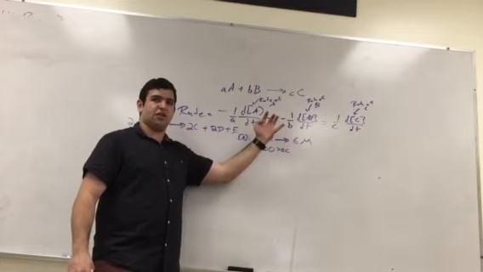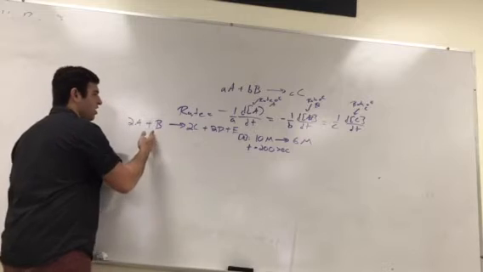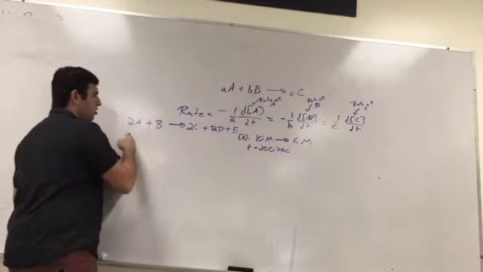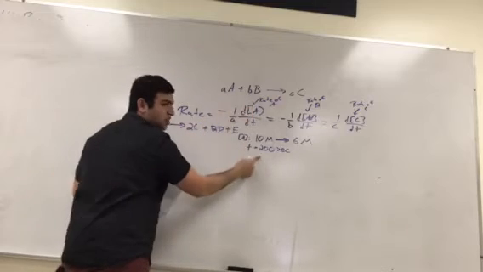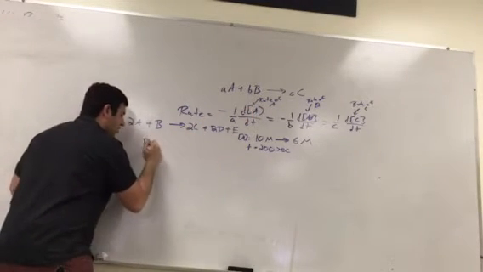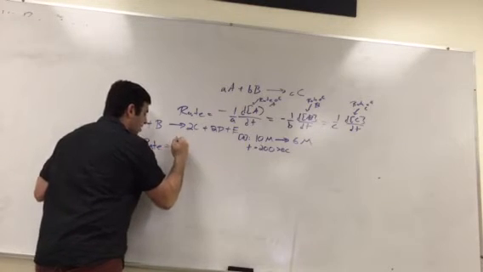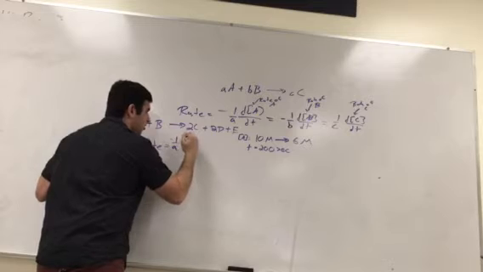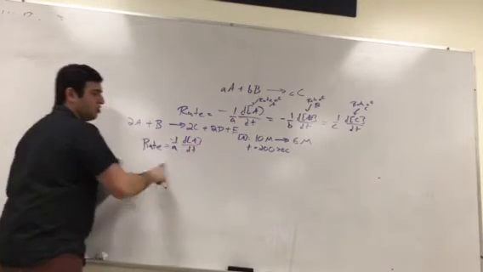Does that make sense? You can write B and the others down, but you only care about this part because it only gives us information on A. We're trying to find the overall rate, and we have negative 1 over coefficient times dA/dt, so we're going to use this equation.